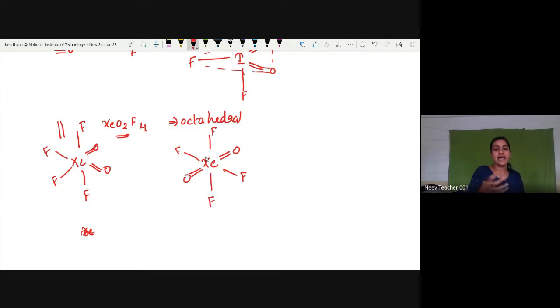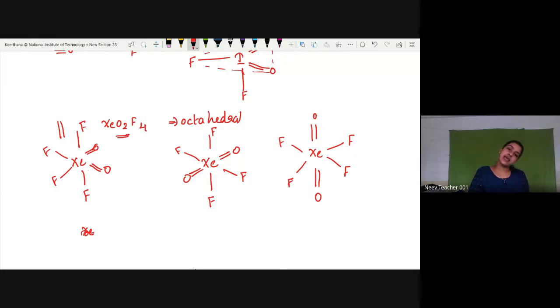There is no axial or equatorial bond concept, but when we draw XeO2F4, normally we follow a conventional method: we first fill the lone pairs in the upper and lower positions. But if you draw it the other way, it is not a wrong structure, because all four bonds are equal.